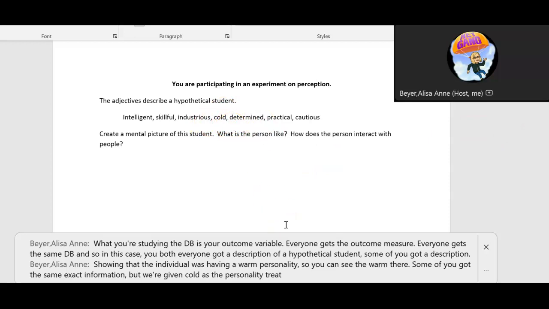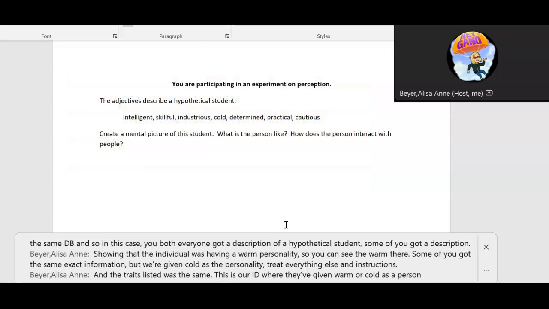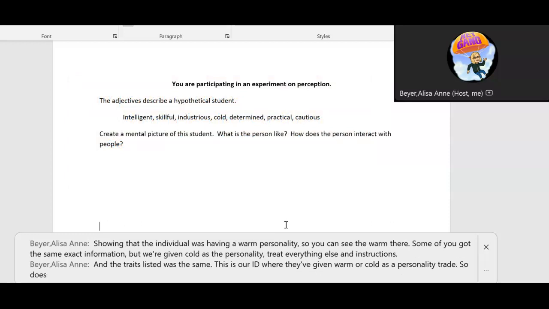Everything else in the instructions and the traits listed was the same. Then our IV, were they given warm or cold as a personality trait? So does that dimension of personality, warmth versus coldness, impact people's perceptions?